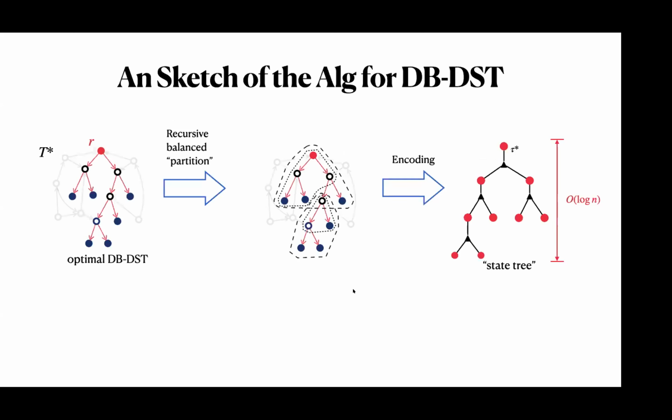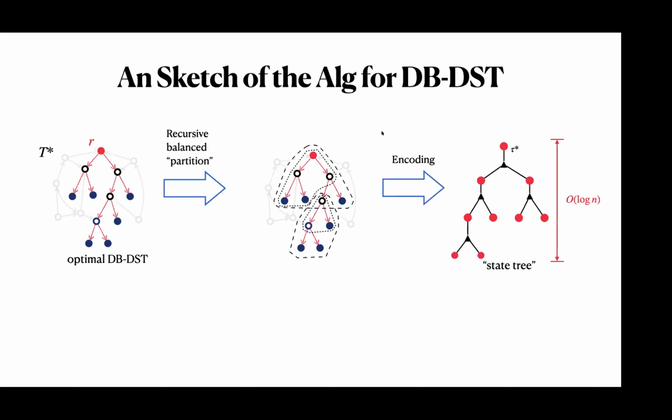Now let me give an extremely high-level sketch of the algorithm for the DBDST problem. Consider the optimal solution, T star, and you can decompose it into many small trees. Actually, you can recursively apply this procedure to partition the tree into many small edges or 3-node subtrees.